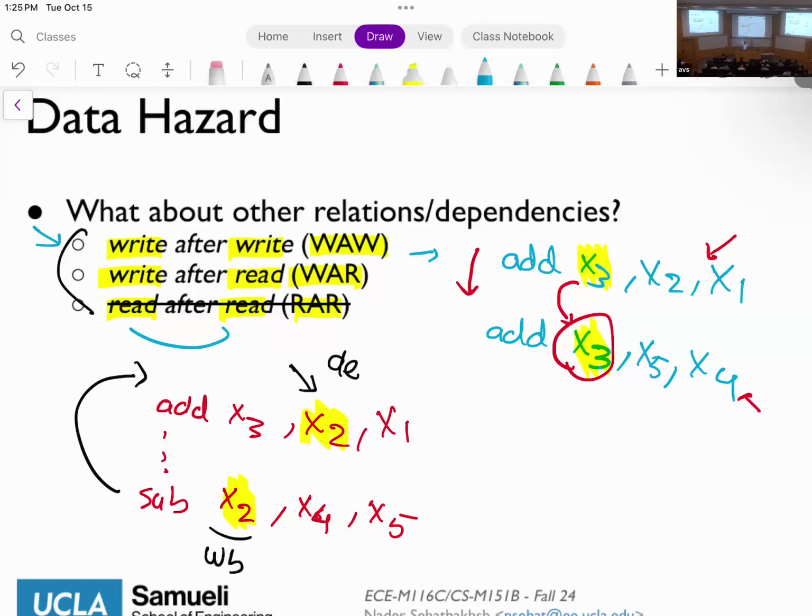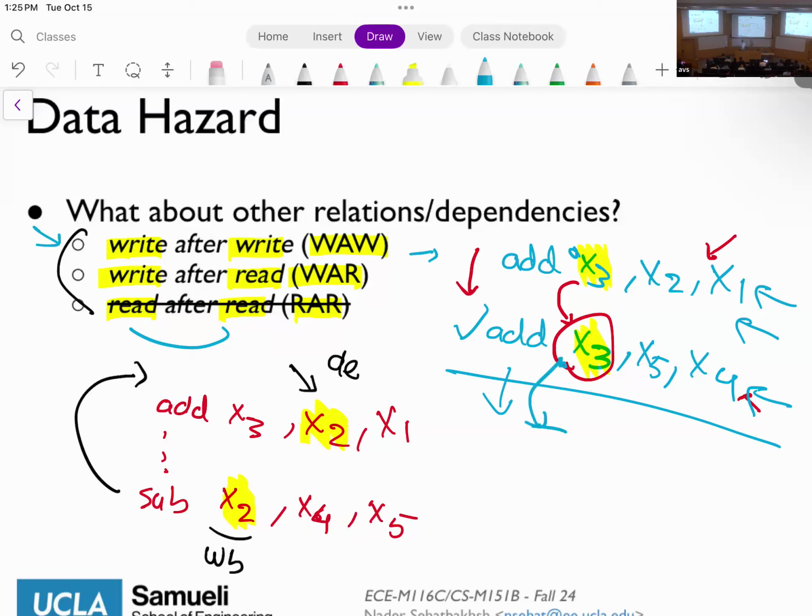Since the final value after these two operations is going to be decided by the second instruction, as long as this happens before this, and this is always guaranteed because we are executing instructions in order, then at this point, we always have the updated value coming from this instruction.